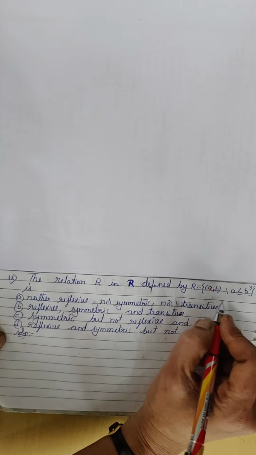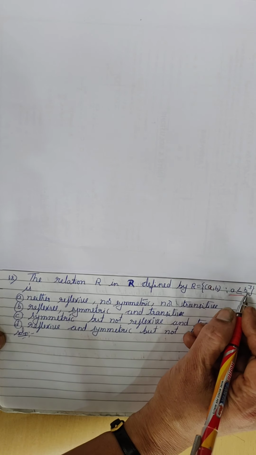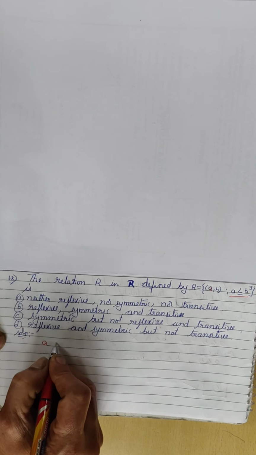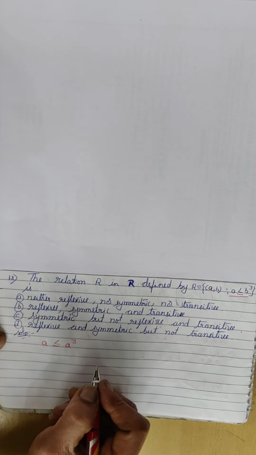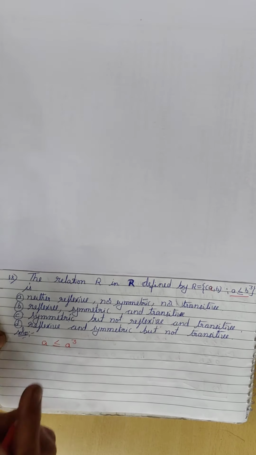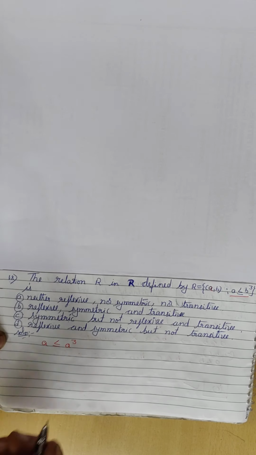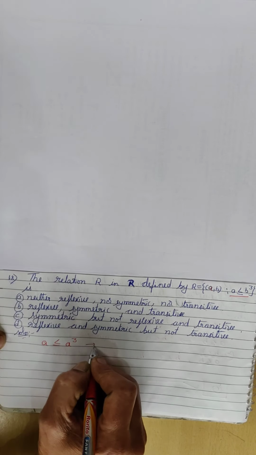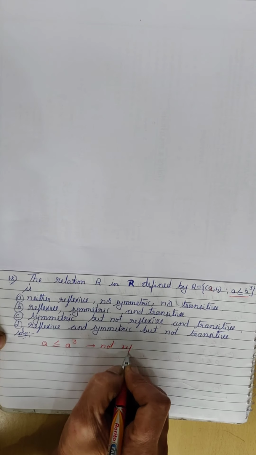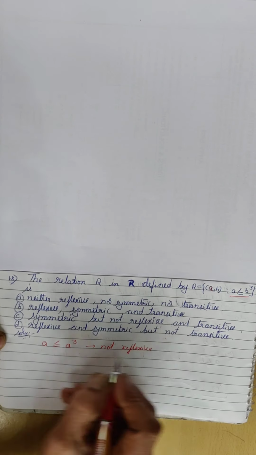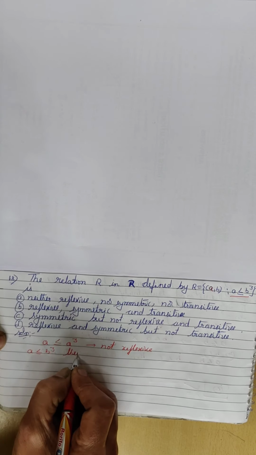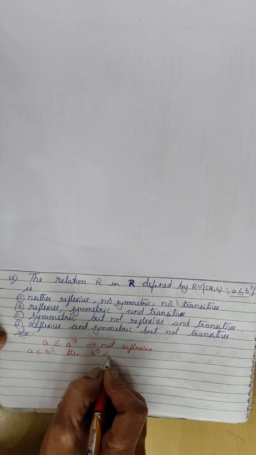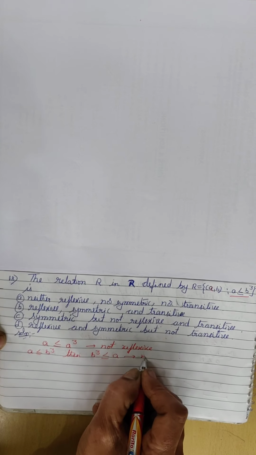We have the relation A is less than or equal to B cube, so it should be A is less than or equal to A cube. Again, it is possible only if A is equal to 1, otherwise not possible. Therefore, not reflexive. Now A is less than or equal to B cube, then B cube should be less than or equal to A, not symmetric.